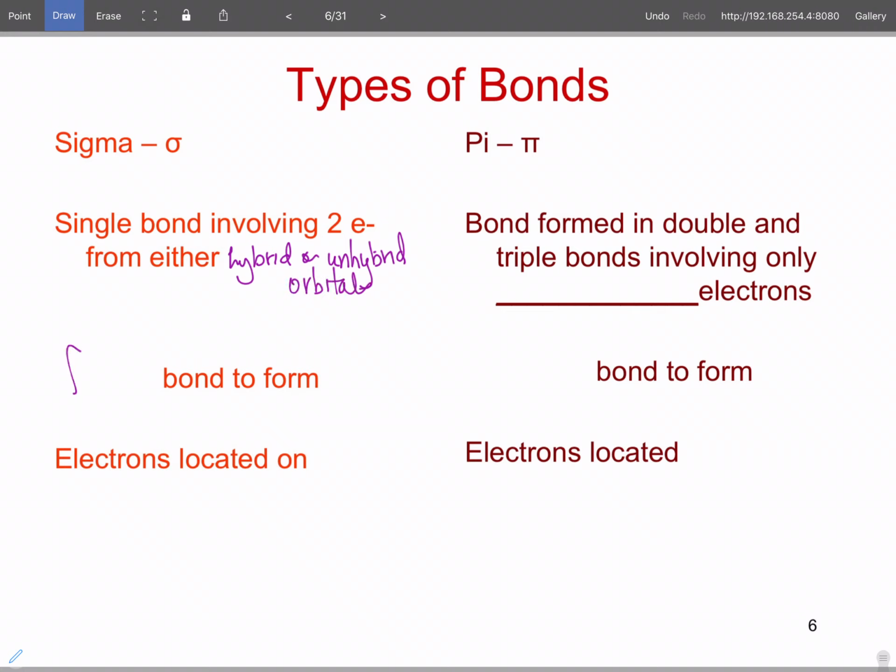It is the first bond to form. You will never form a pi bond, then a sigma bond. You'll always form the sigma bond. And the electrons are located on the internuclear axis.